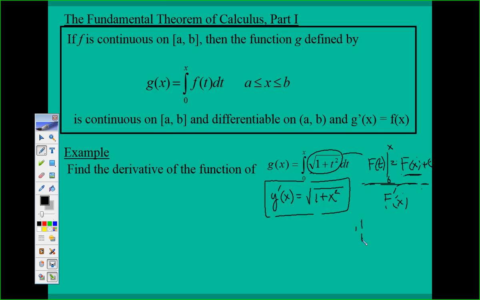So if we had an f of g of x as this portion right here, when we take the derivative, we would have to apply the chain rule. So this would be f prime of g of x times g prime of x.